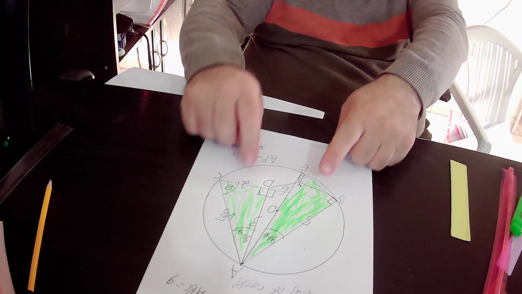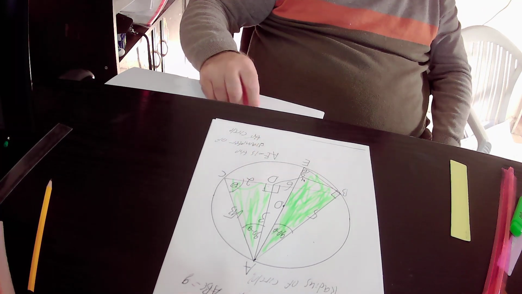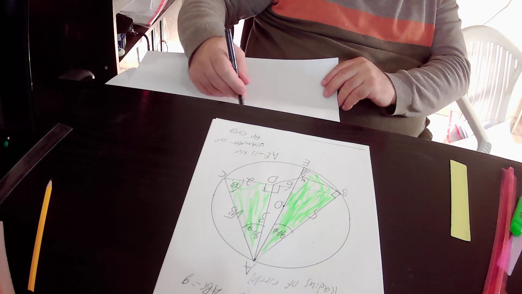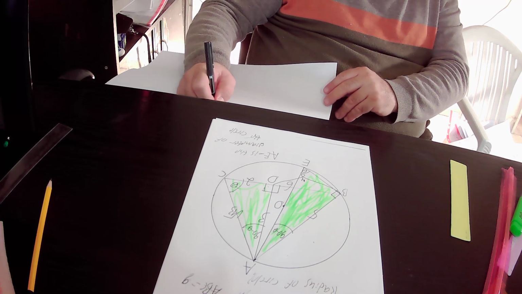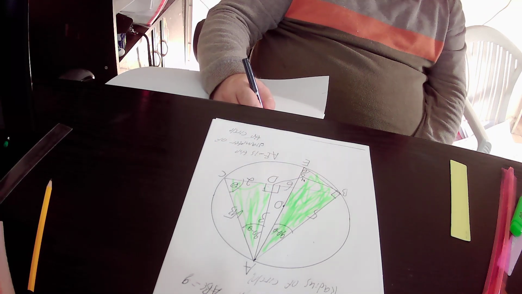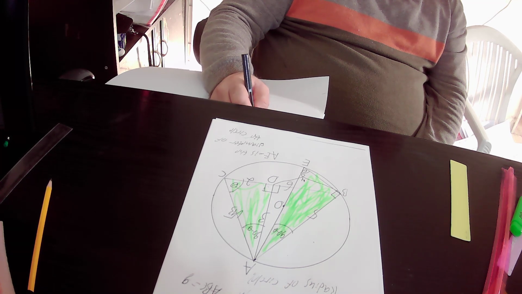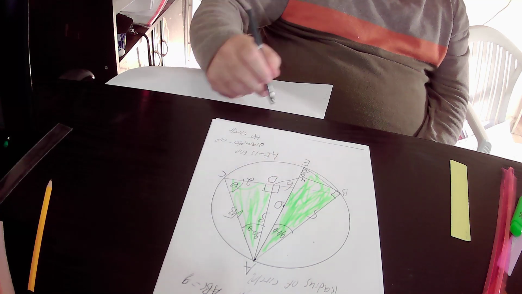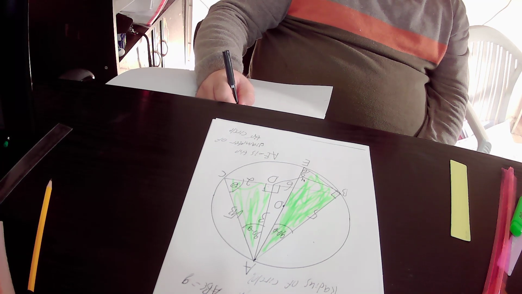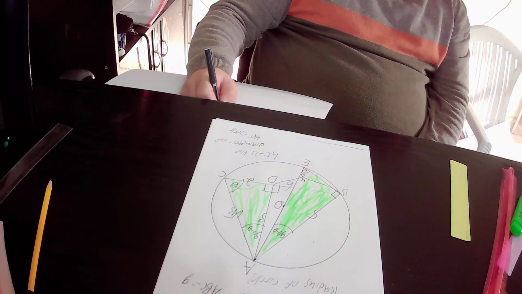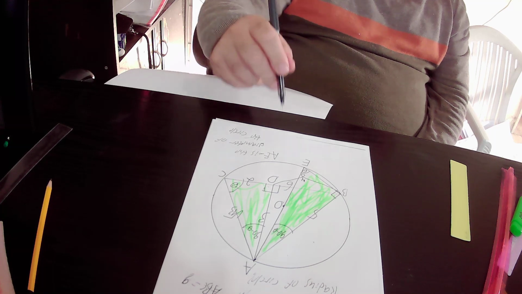And from the fact that those two main triangles are similar to each other, we conclude that AB over AD equals AE over AC.